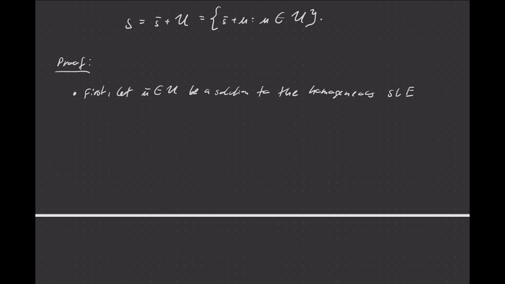And again, we'll take an arbitrary i and look at the corresponding equation. Then for each i in M, again, we assume we have M equations, we have the following.